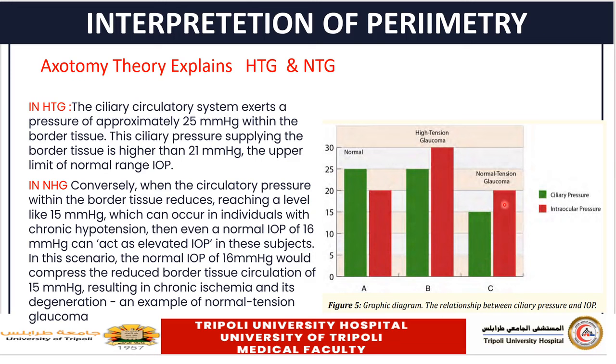So even a pressure of 20 millimeters of mercury is regarded as high for that patient, and in turn will lead to degeneration of the border tissue and start the process of glaucomatous damage. So the axotomy theory could explain the changes in both high tension and low tension glaucoma.